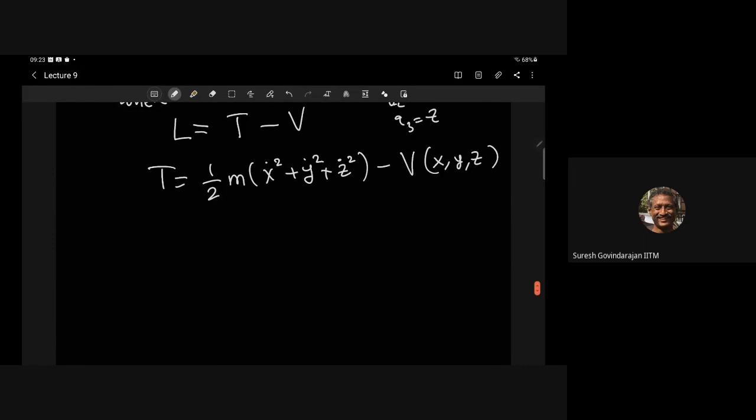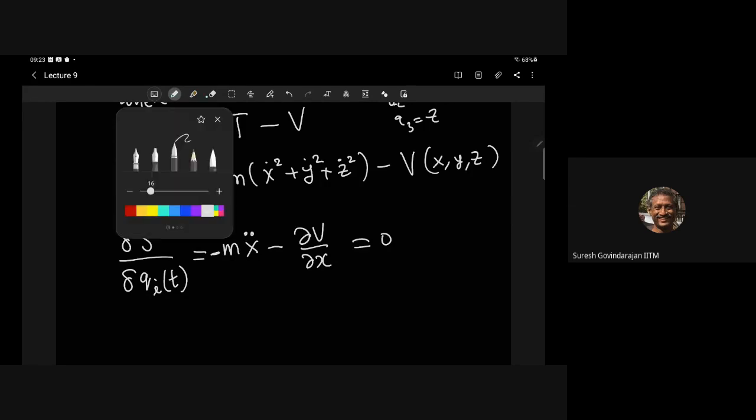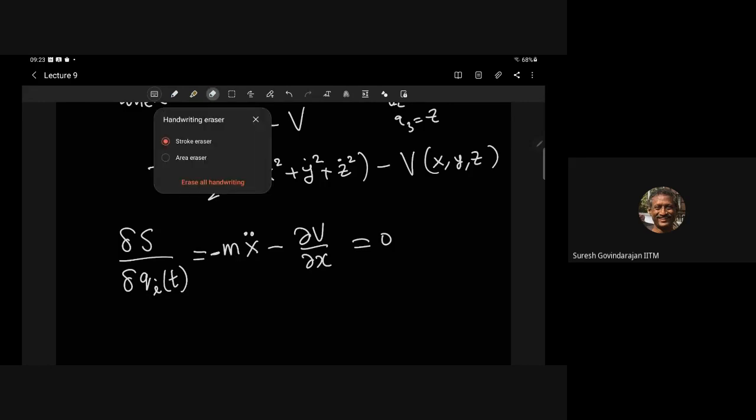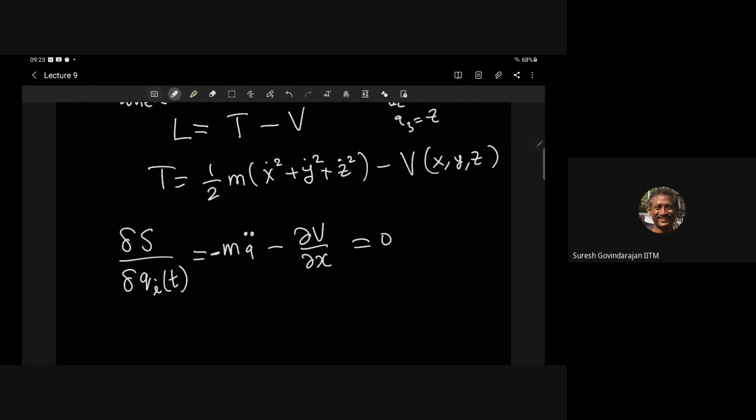Okay, so extremizing, delta S by delta q i of t will be equal to, and this is nothing but m.